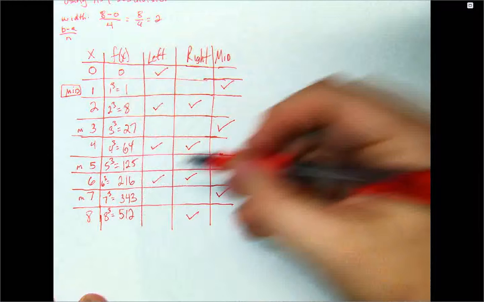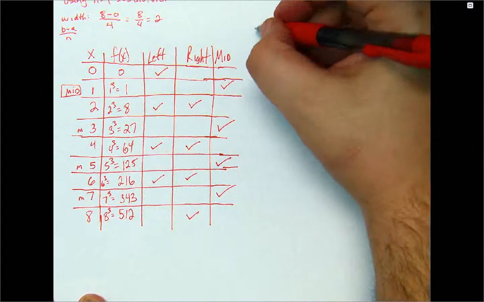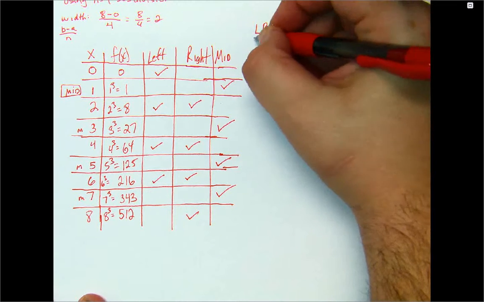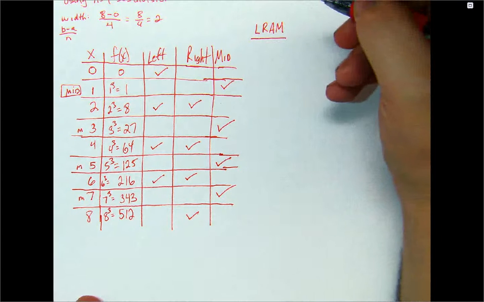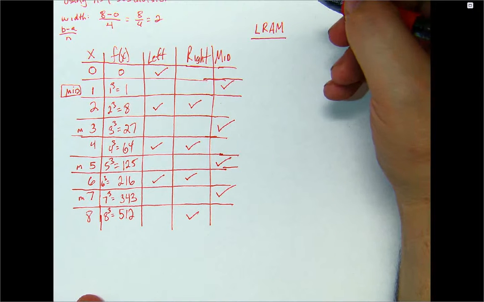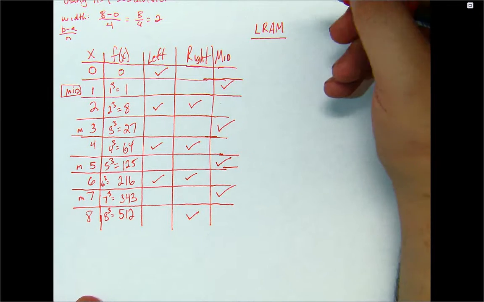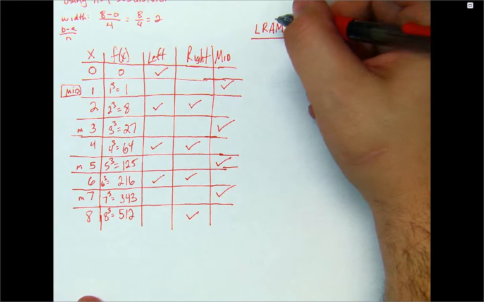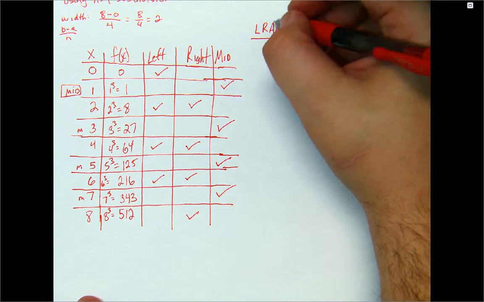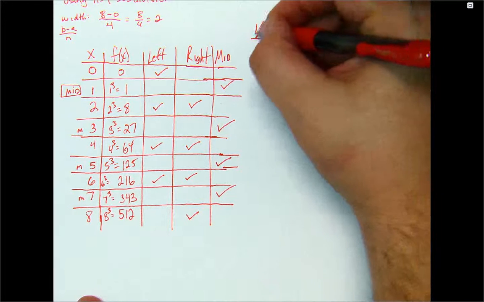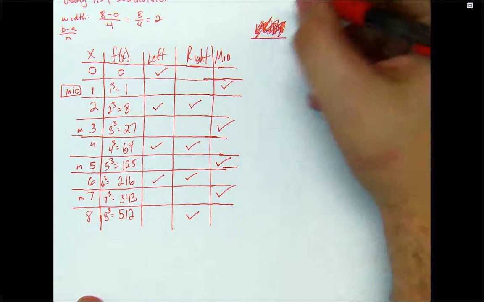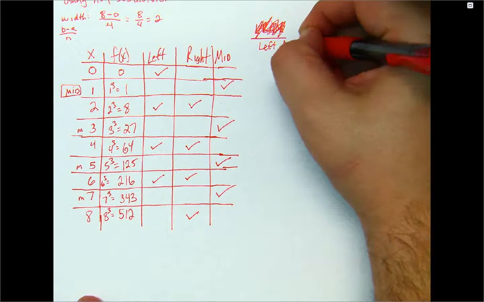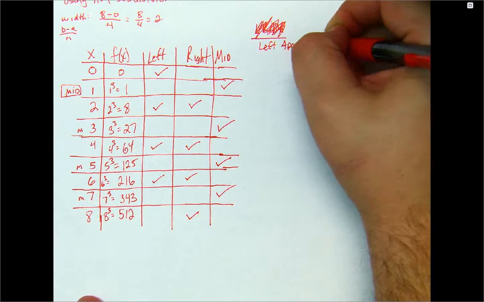So if I want to get, you'll see it when we deal with that, just the left approximation, what numbers am I going to add together?